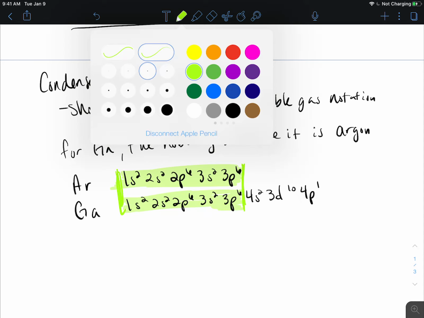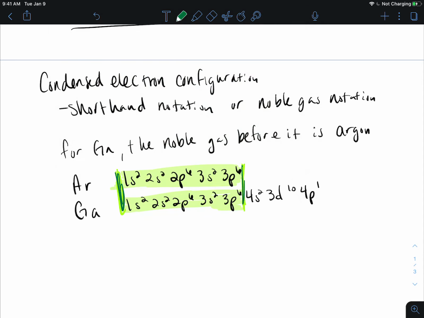So we're going to write Ar for all of those electrons, and then 4s2 3d10 4p1. So this is our condensed or shorthand notation or noble gas notation for gallium. The argon is just in there to account for those electrons of argon, so instead of writing them over and over again.